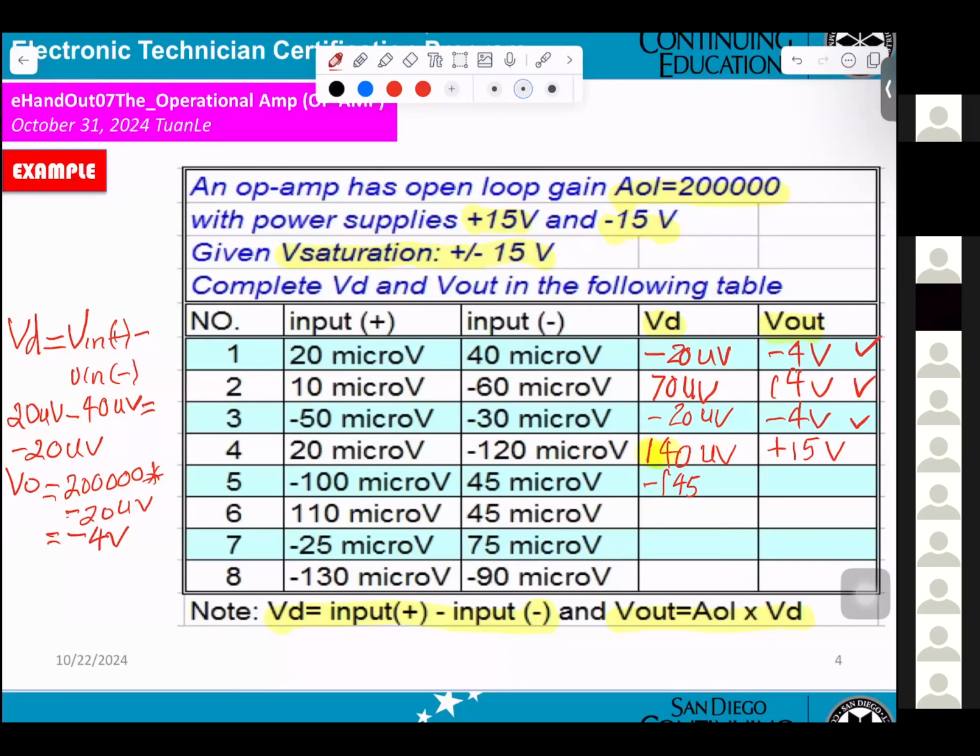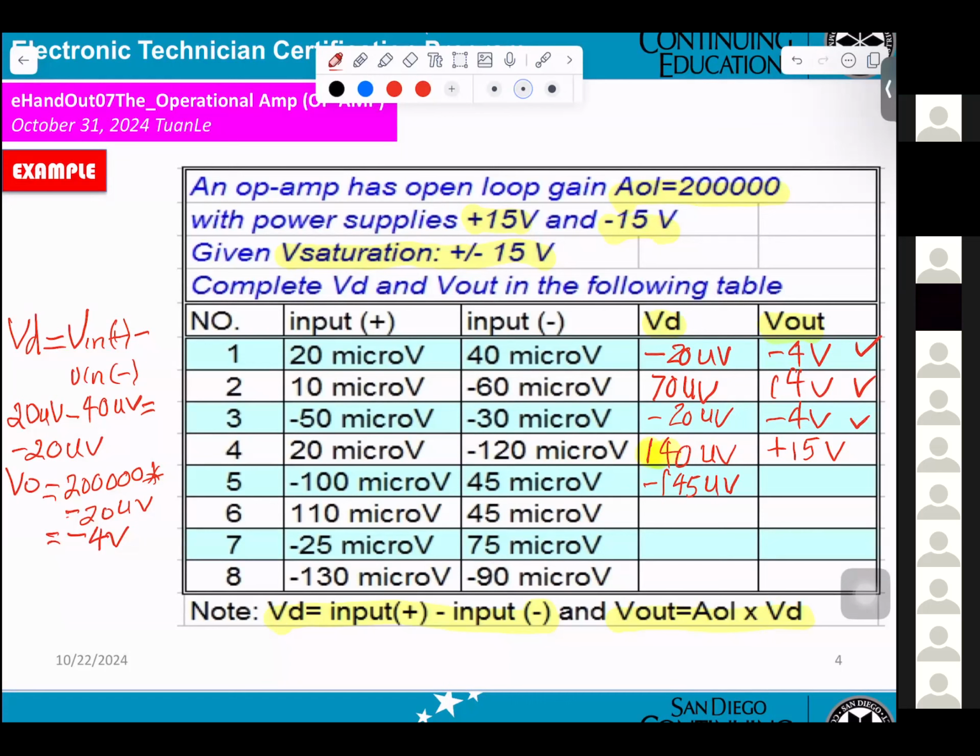Negative. Oh, negative. Yeah, that's right. It is negative. And then you multiply that times 200,000. Exactly, to get the gain. Once again, the same type of thing.